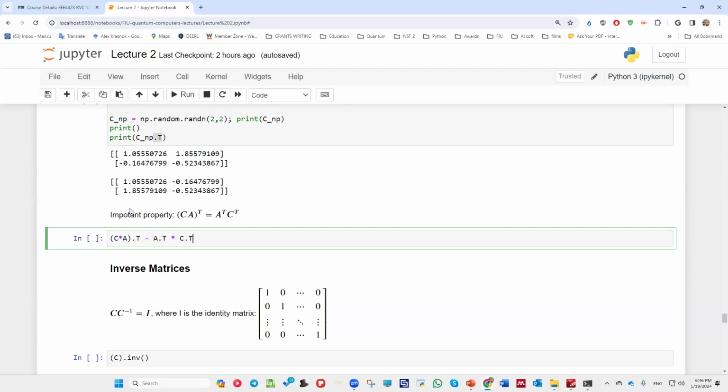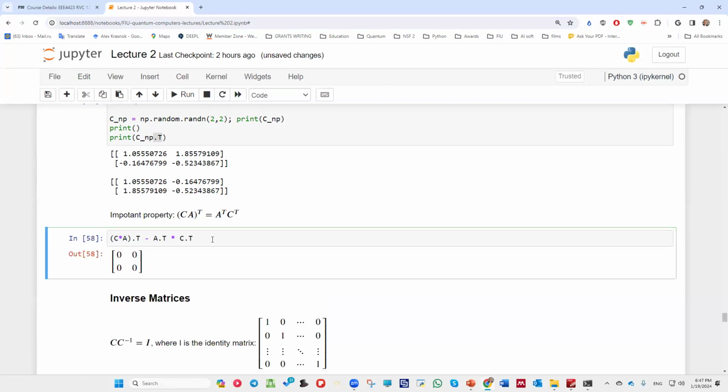For example, in SymPy I write the product of two matrices, C and A, take the transpose, and take the difference of this with what's on the right side, right? If this is true, I'm supposed to get 0. Yes, this is the 0 matrix.